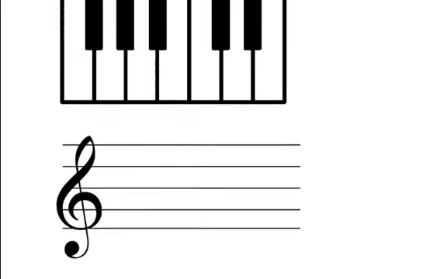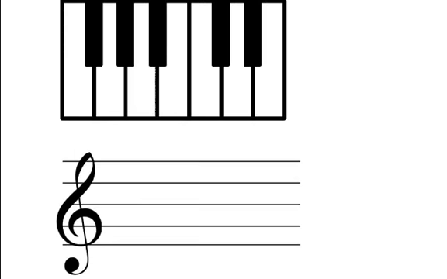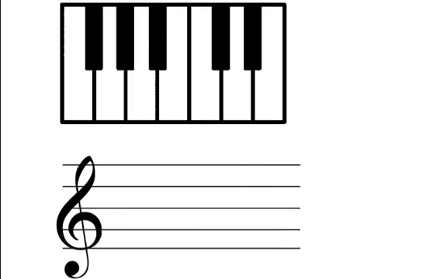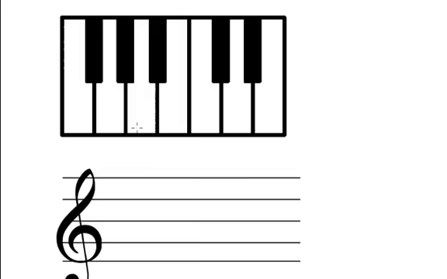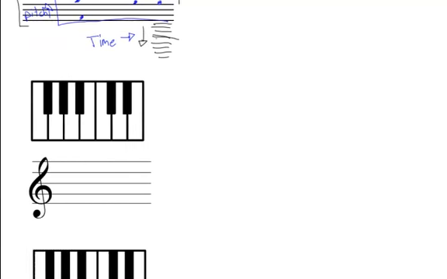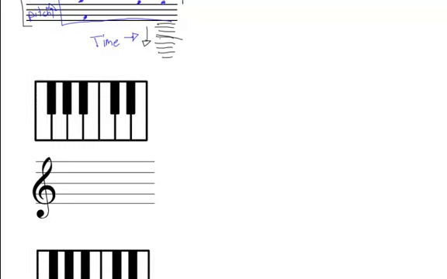So what we have here is our treble clef. Let me go ahead and zoom out a little bit. We have our treble clef right here. Now this is basically just telling us which 5 lines we're using in the staff, and we said the staff could pretty much go on infinitely, higher and higher and lower and lower.